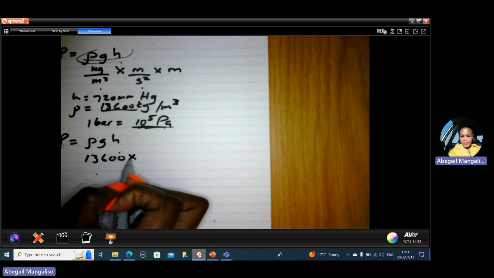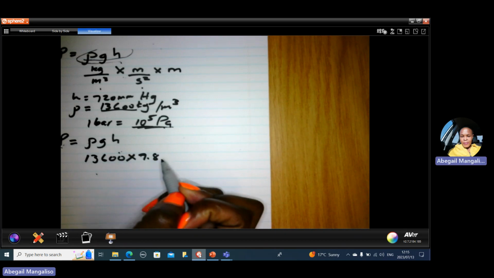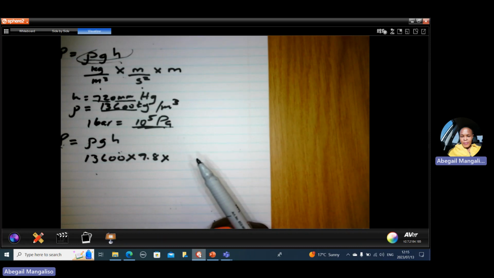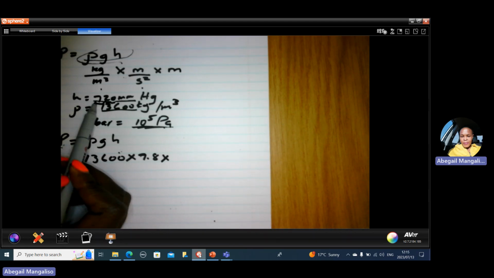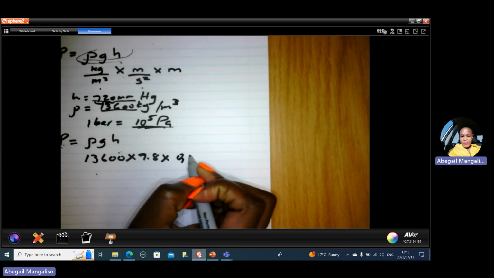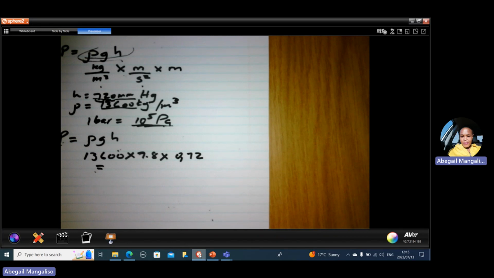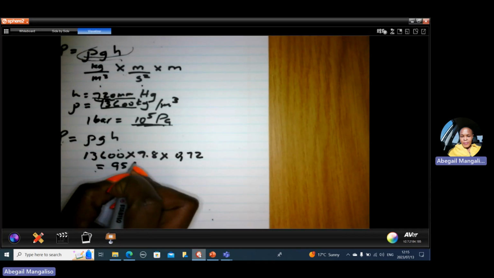The density is 13600 multiplied by 9,8, then multiplied by the height of the mercury, 720 millimeters, but it must be in meters.